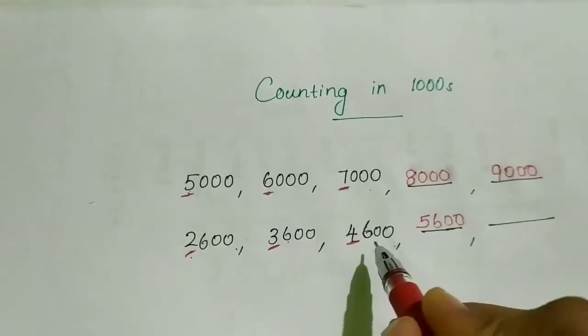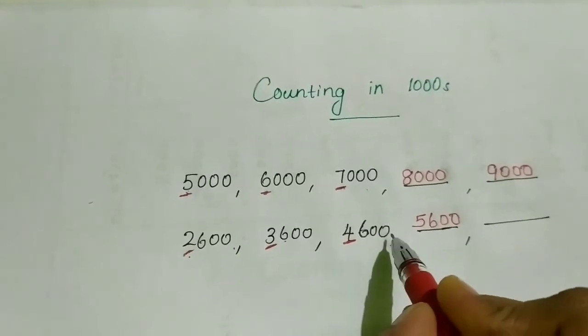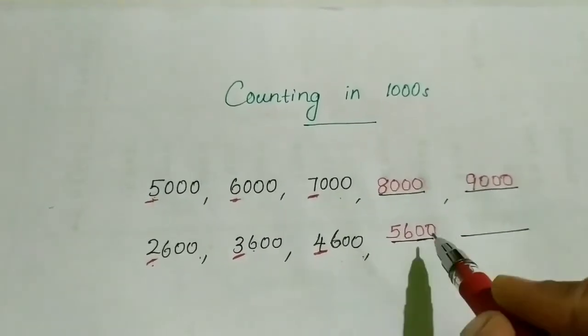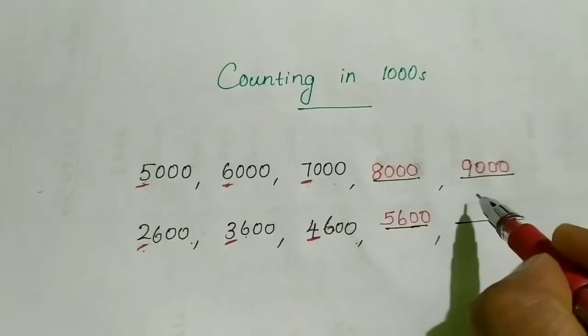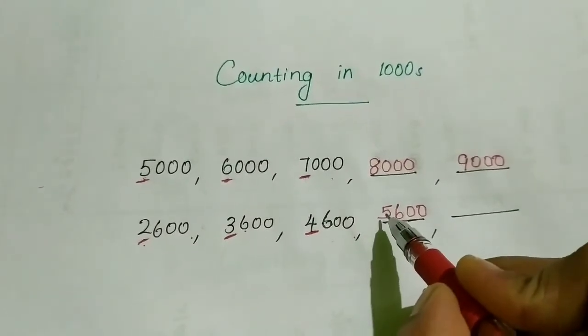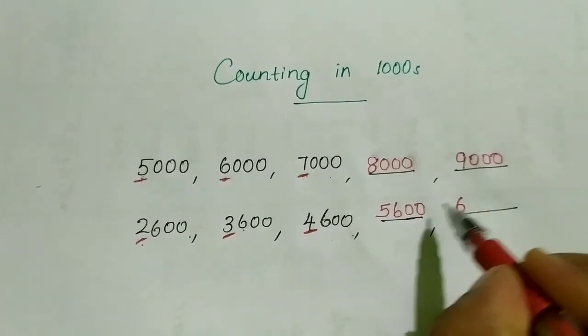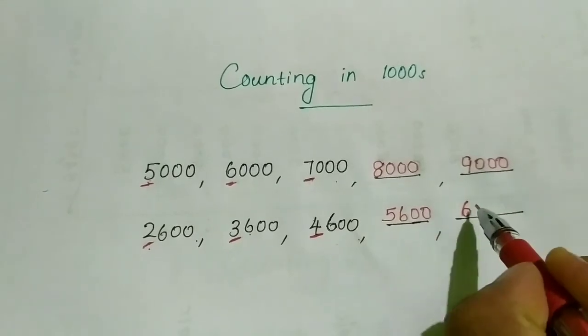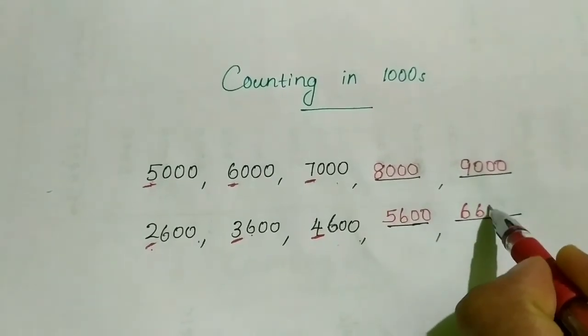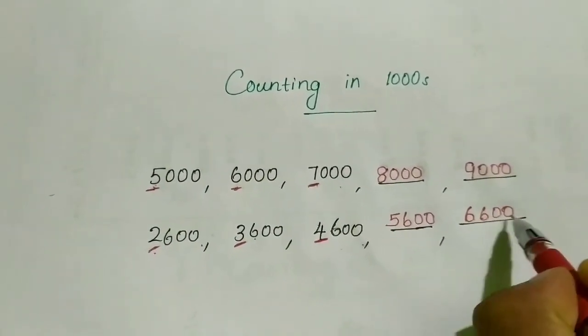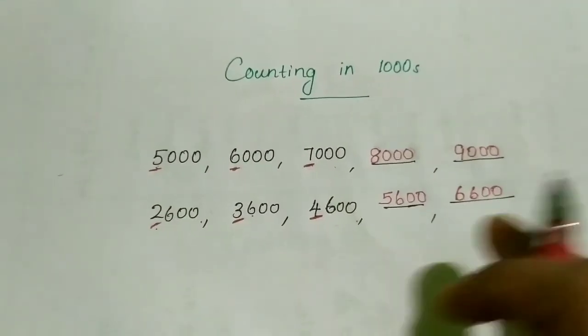The digits in hundreds, tens and ones place will remain the same. So 5600. Next, 5 plus 1, 6. 6000. Other three digits, 600. 6600. This is very simple.